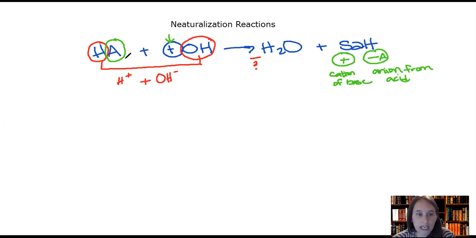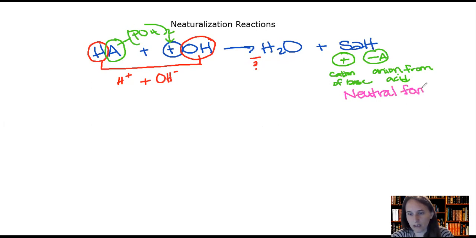Do not just carry over subscripts unless it's a polyatomic ion. If this is like PO4, definitely bring over the 4. But if it has a 2 around it, we shouldn't assume the salt is going to have that. We just want to bring over the polyatomic ion and then ask ourselves, is it neutral? How do we write the correct formula to make it neutral?